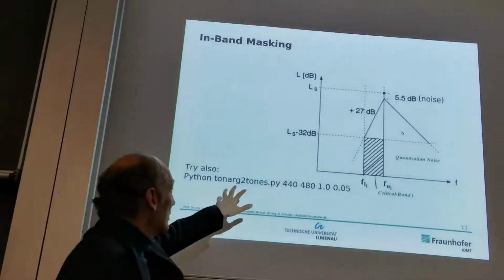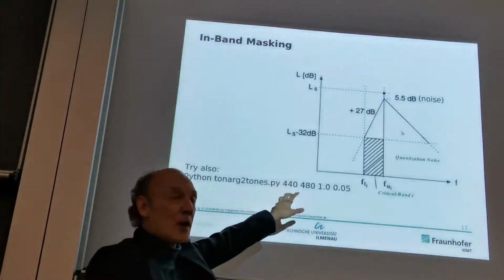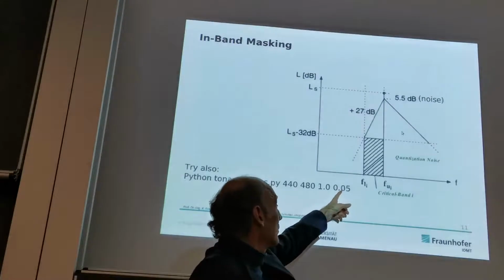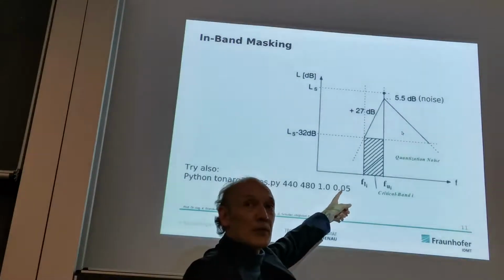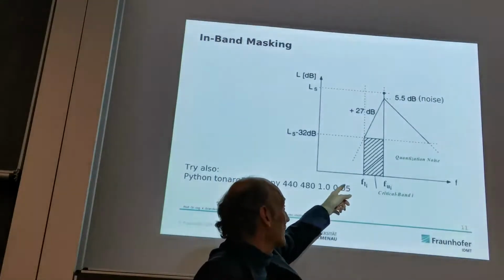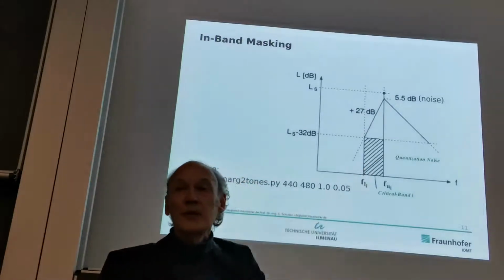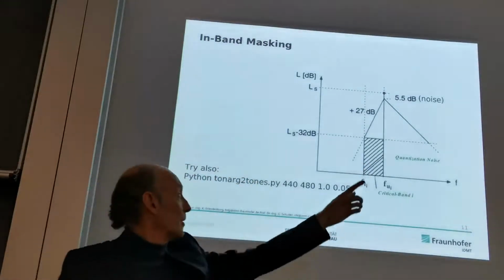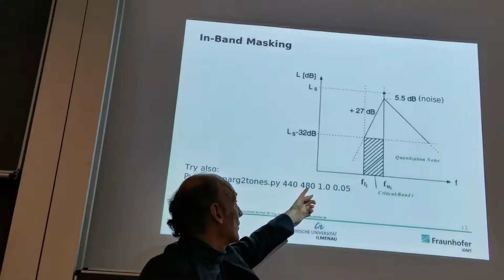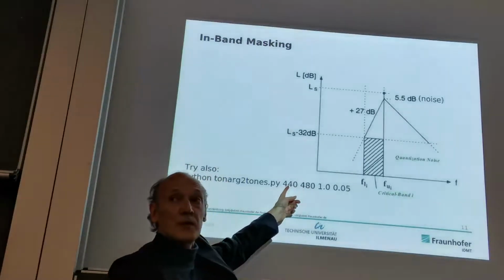Yeah, so here you can easily test how strong the masker needs to be before you can hear it. Just increase it slowly or decrease it slowly until you cannot hear it anymore. And also try it at different frequency distances from this masker.